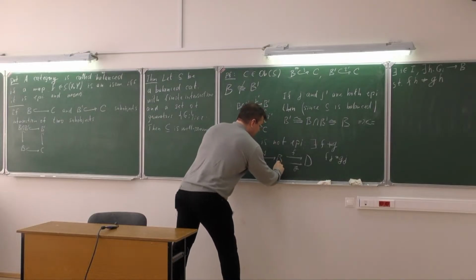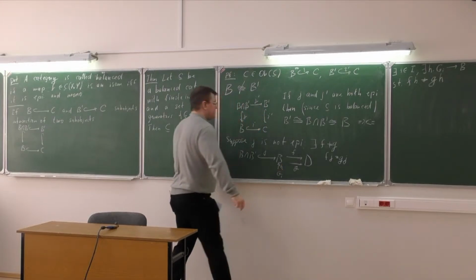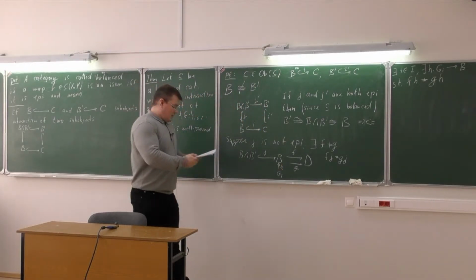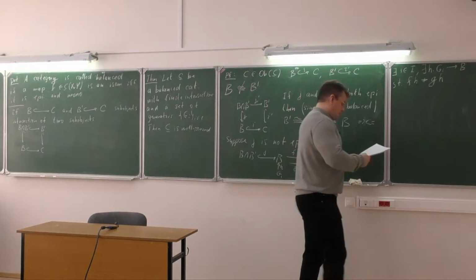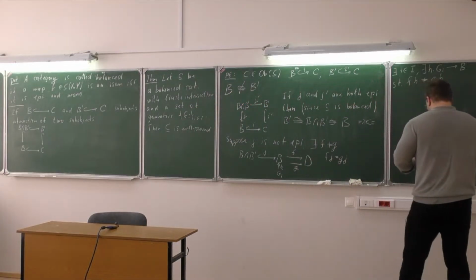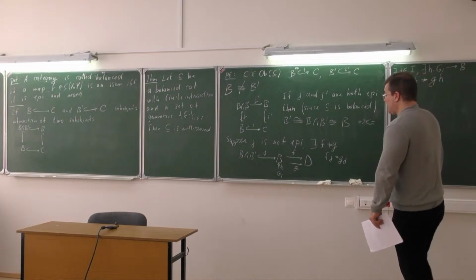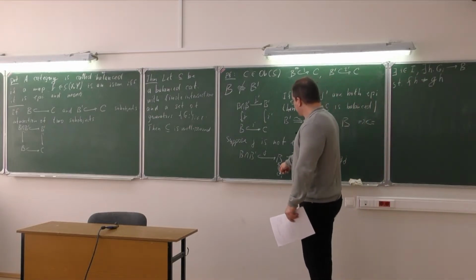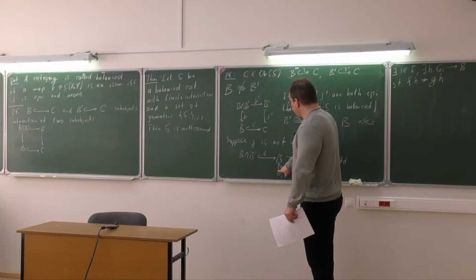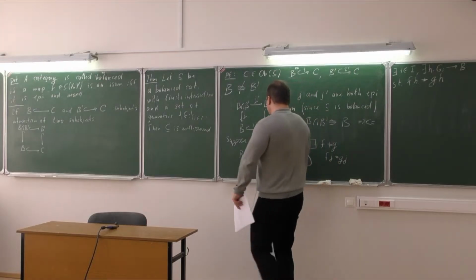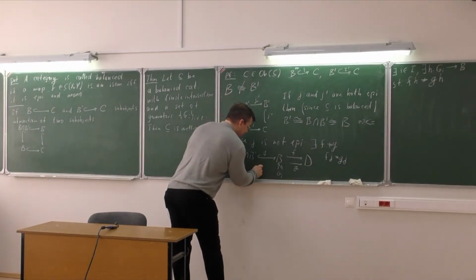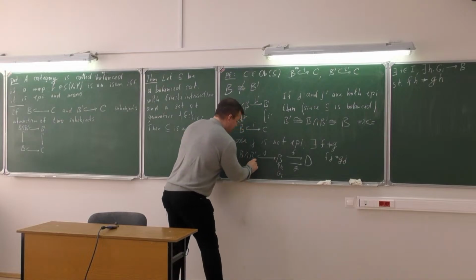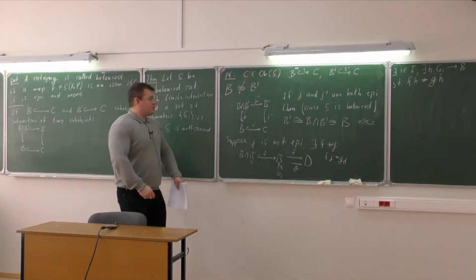There is this H somewhere, H from G_i. So the question is, is it possible to take this map H and factor it through the map J? Can I find such a factorization?